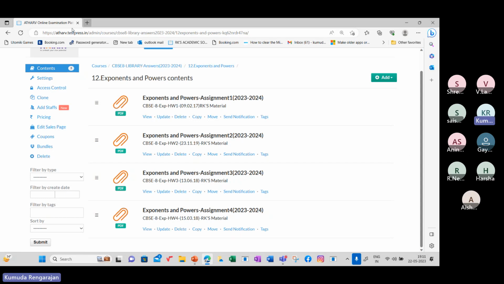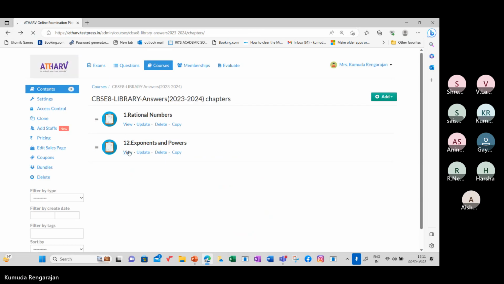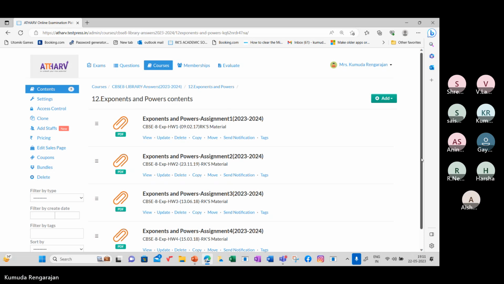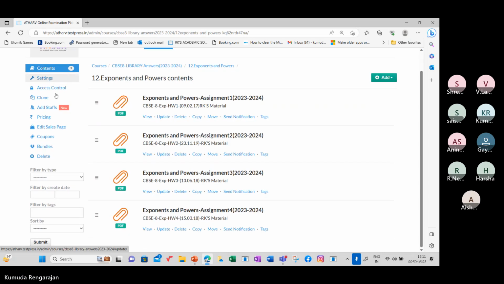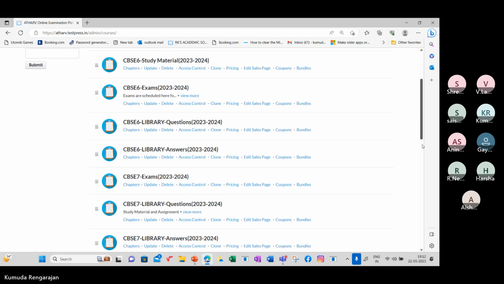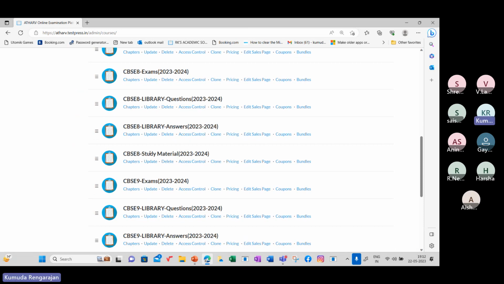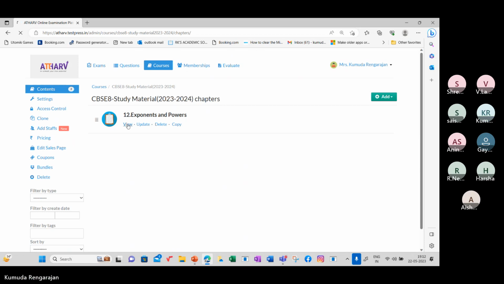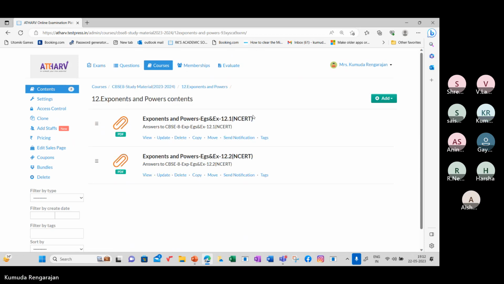And in the study material, when you click on study material, you will see the answers to all the questions from NCERT, exercise 12.1 and 12.2.